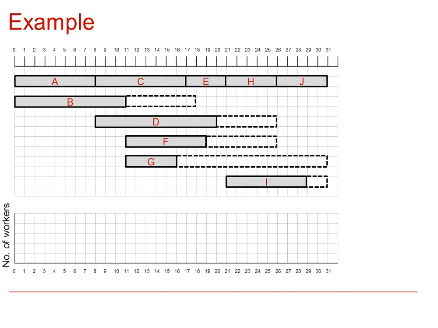Thus you can see that from days 1 through to 8, we will need 2 workers for A and B activities.